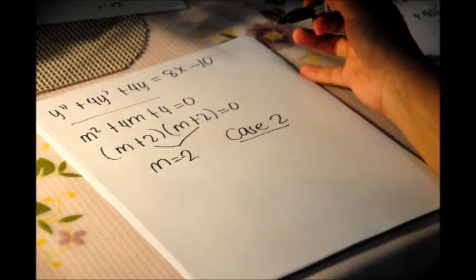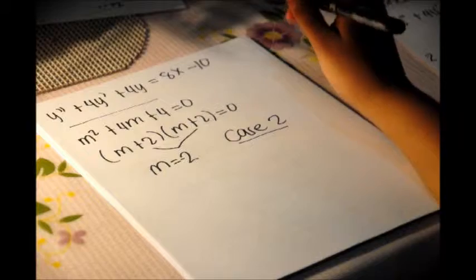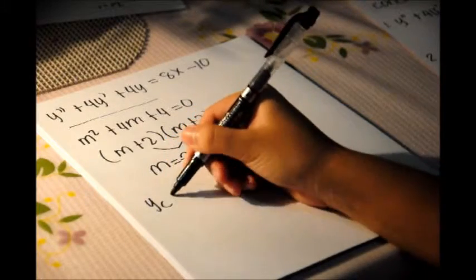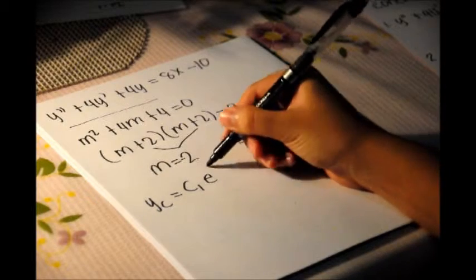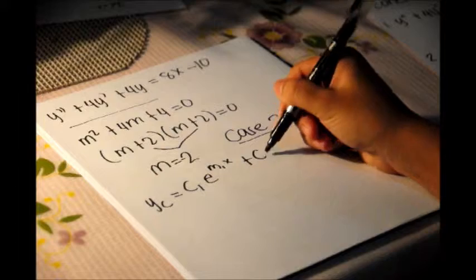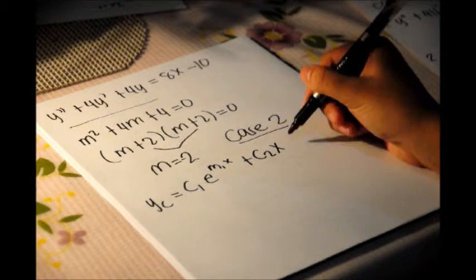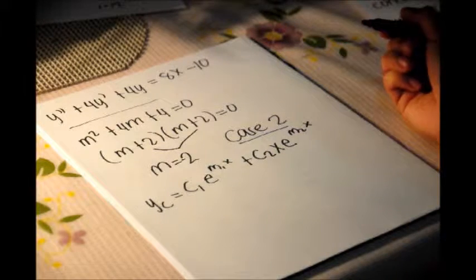So the form of the YC of case 2 is YC is equal to C1 e^(m1 x) plus C2 x e^(m2 x).